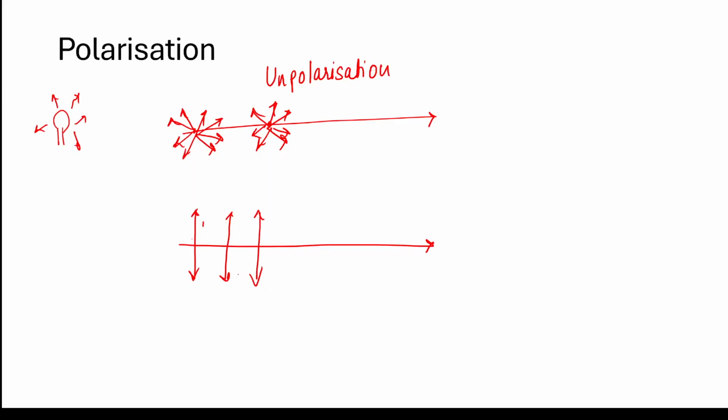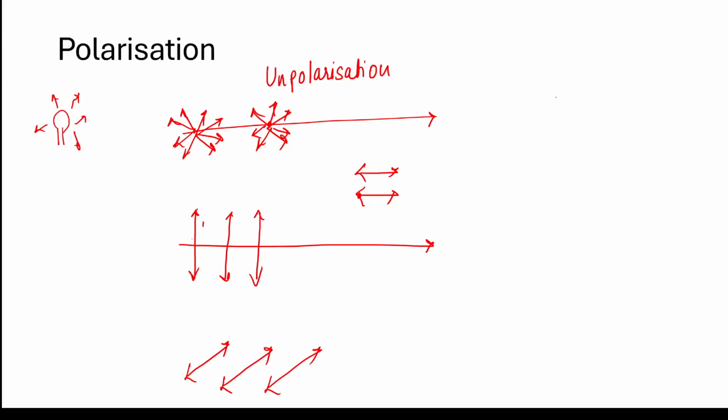This is the vertical direction, or it might be horizontal, or it might be restricted in this direction. So if you are restricting, in some way, the electric field vibrations to one particular direction or one particular plane, then that wave is called a polarized wave.